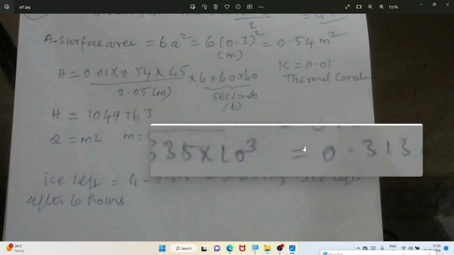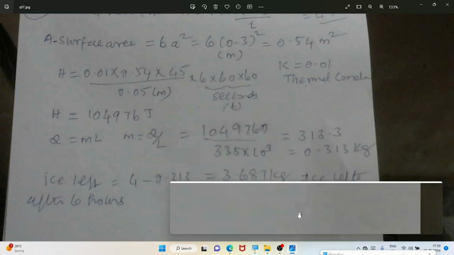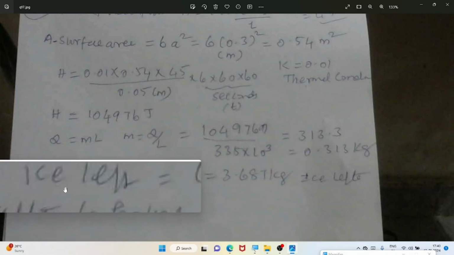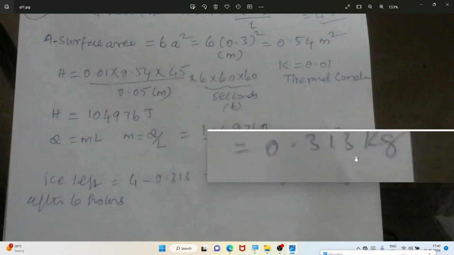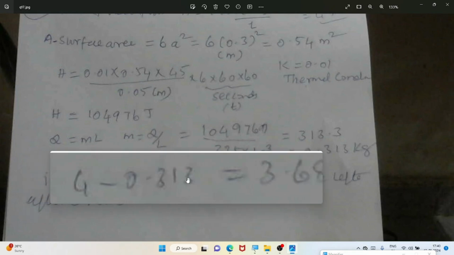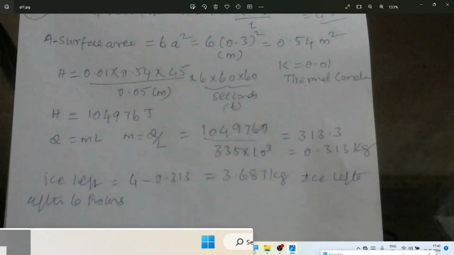So the remaining ice will be, this much is melted, so the left ice will be 4 kg minus this much. This much ice is left after 6 hours.